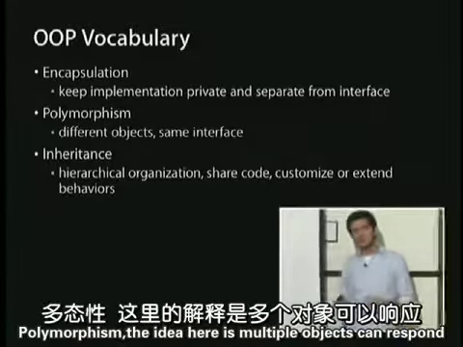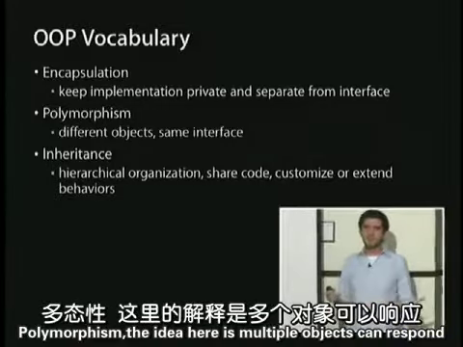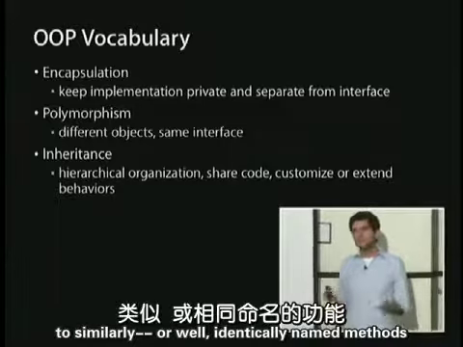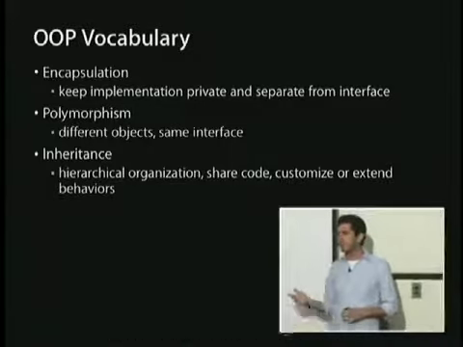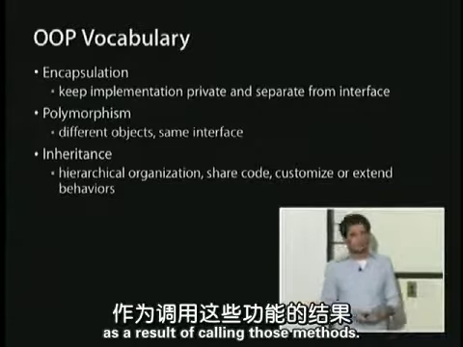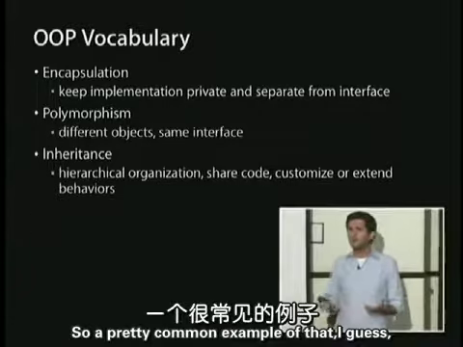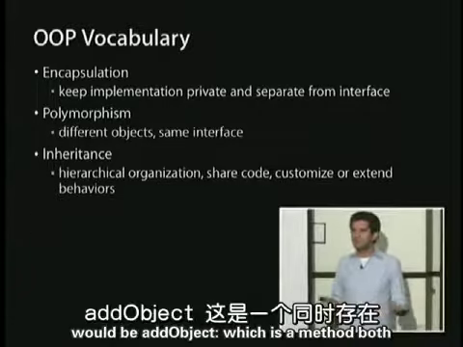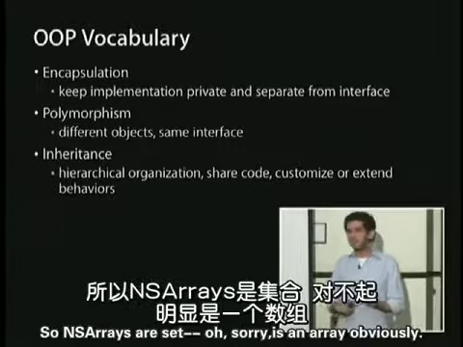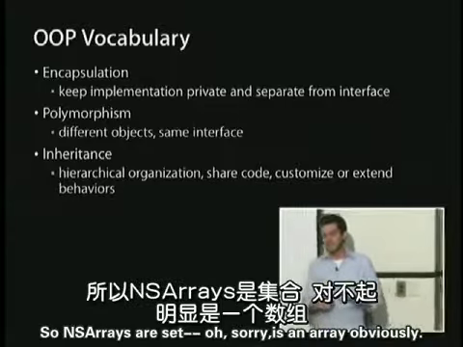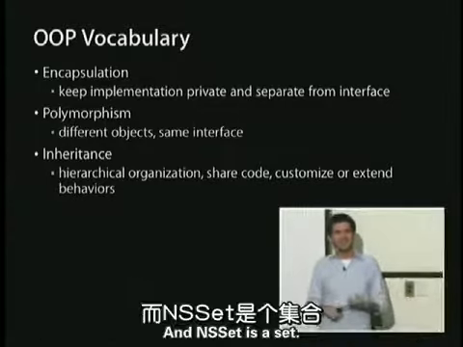Polymorphism. The idea here is multiple objects can respond to identically named methods, but have different actions result from calling those methods. A pretty common example of that would be addObject, which is a method on both NSArray and NSSet. NSArray is an array, obviously, and NSSet is a set.